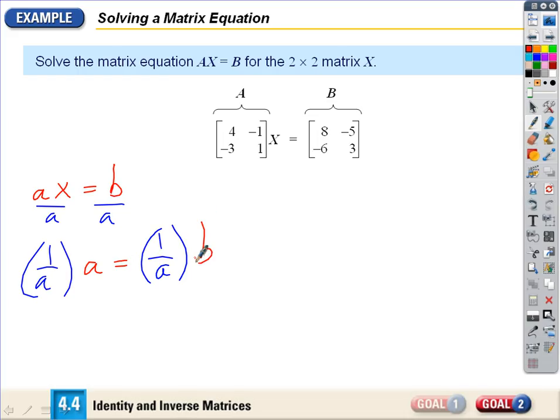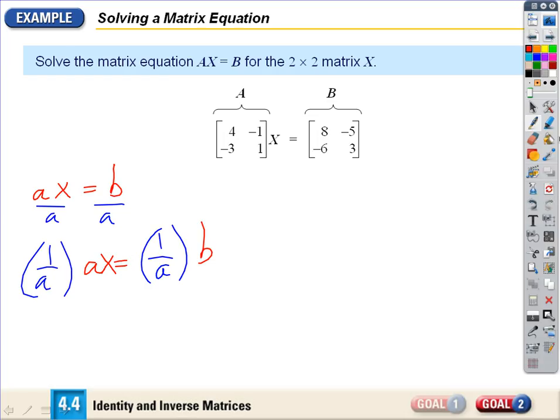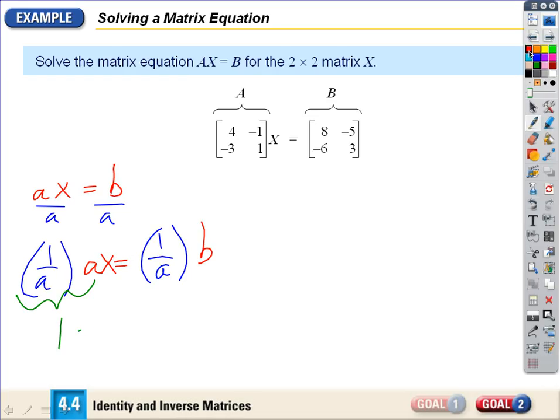I get my X in there, don't I? The reciprocal of A times A gives us back the identity number for multiplication, which is 1. Right? This product right there combines into a 1 times X equals 1 over A times B. And 1 times X is just X, right?